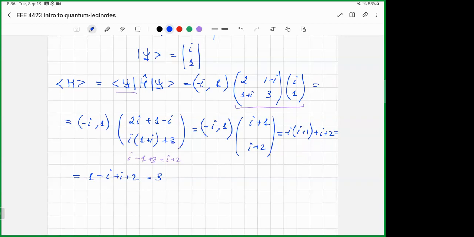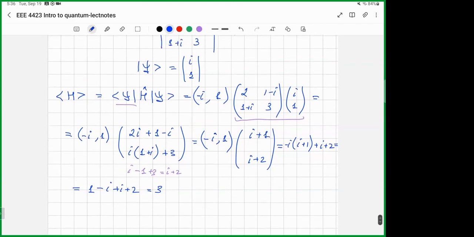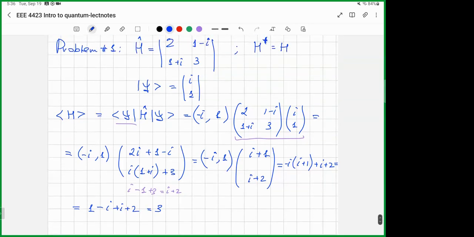So the expectation value is real valued, and in this case it is equal to 3. There is a theorem that the expectation values of Hermitian operators are real valued. Just like in this case, for this simplest Hermitian operator, the expectation value is real valued.